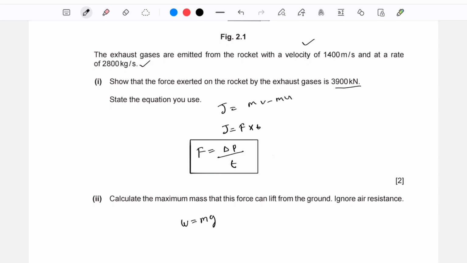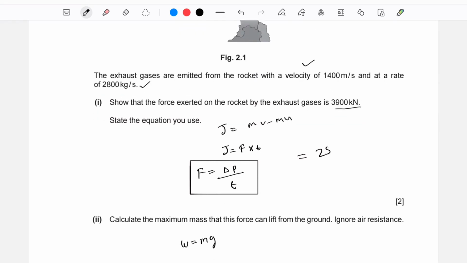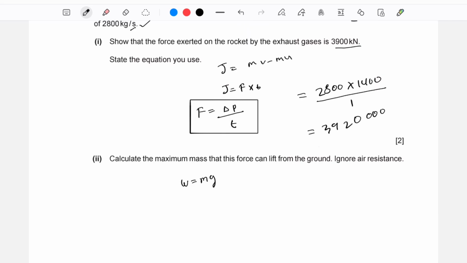We are supposed to substitute and show that this is the answer. So this is the mass, 2800 multiplied by 1400 and divided by 1 second, because it's given per second, and that would give us 3,900 kilonewtons.